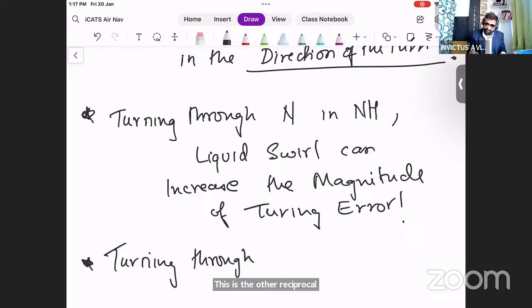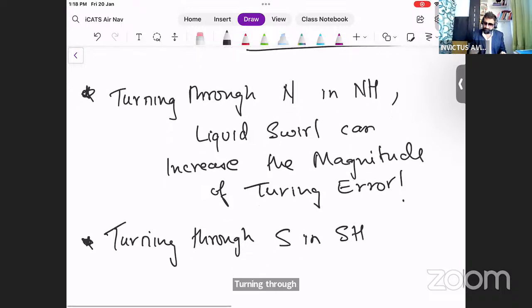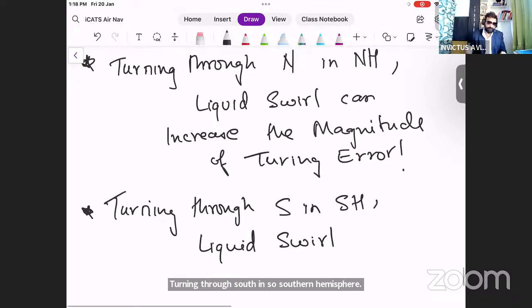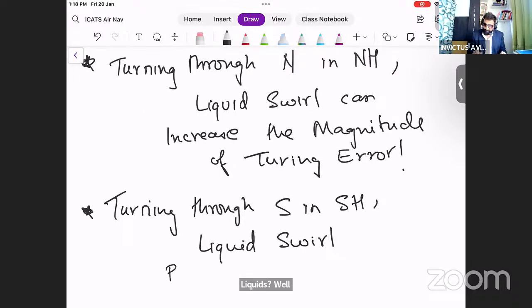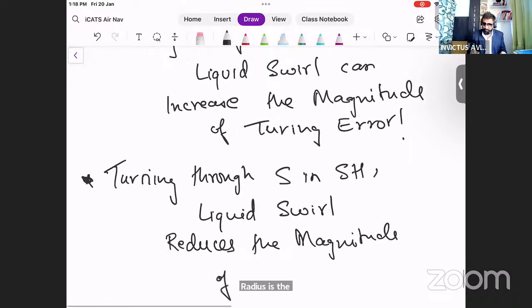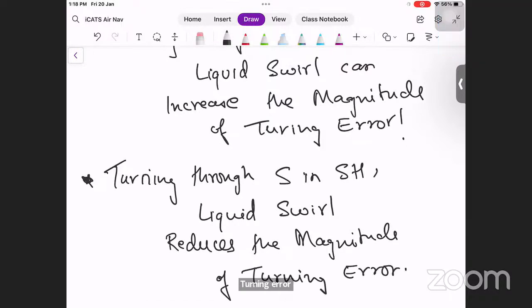Turning through south in southern hemisphere, liquid swirl reduces the magnitude of turning error. Remember this.